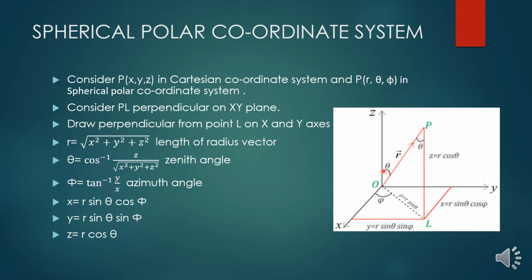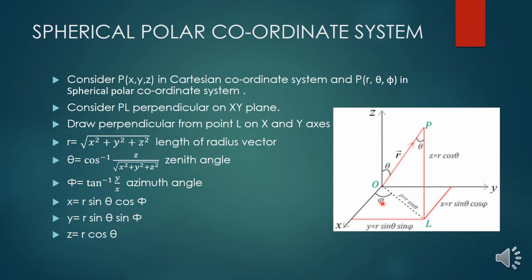Draw a perpendicular PL on the xy plane. Join the origin O with L. So OL is a line in xy plane. So PL is also perpendicular to OL. The angle made by OL with respect to x-axis is angle phi.